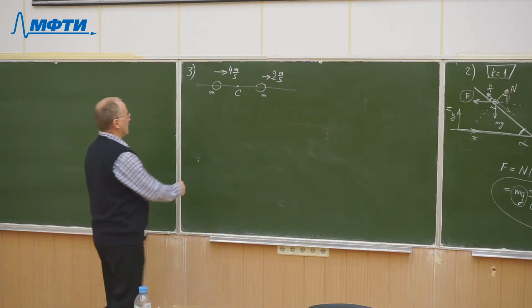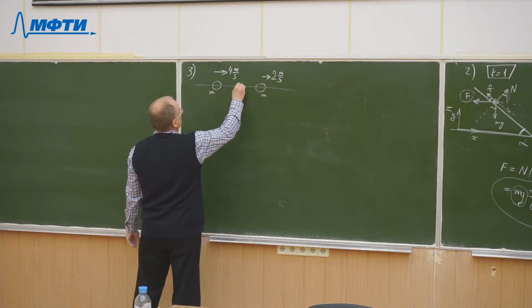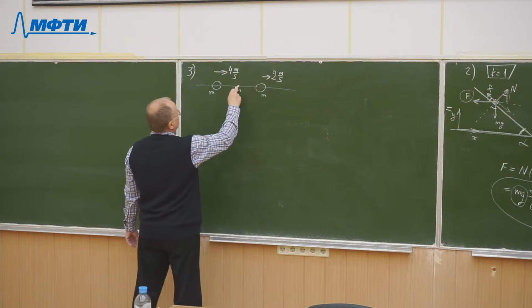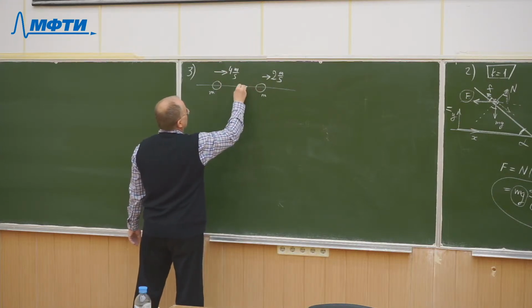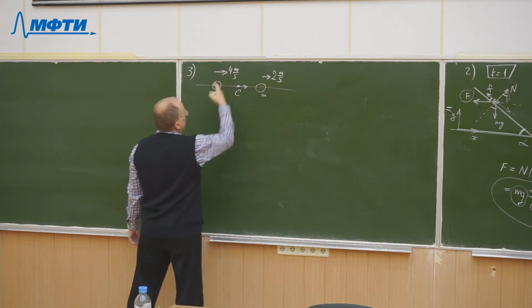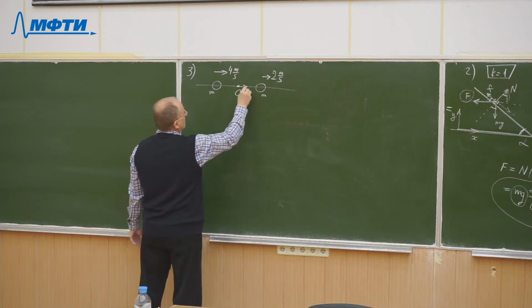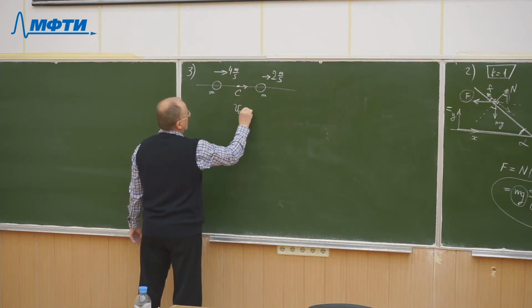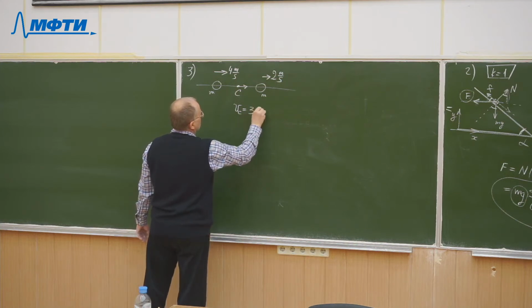between these two bodies. And if we go to this system of reference, we certainly understand that this center of mass moves at the velocity, which is the mean velocity between these two velocities. So the velocity of the center of mass is just 3 meters per second.